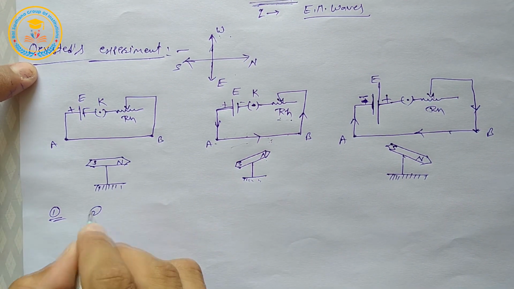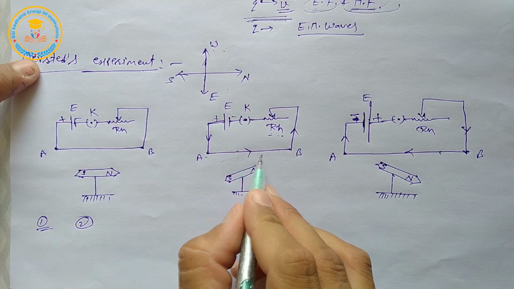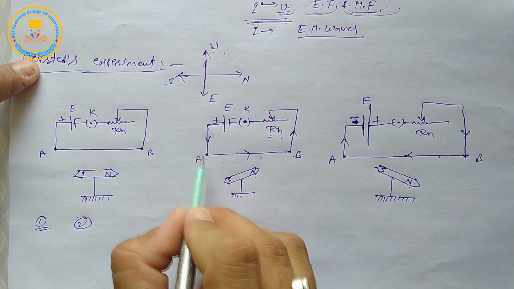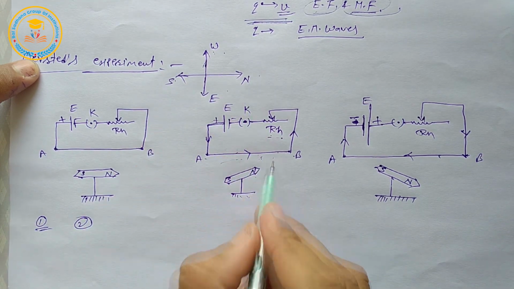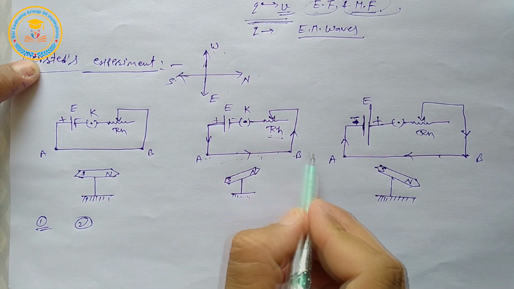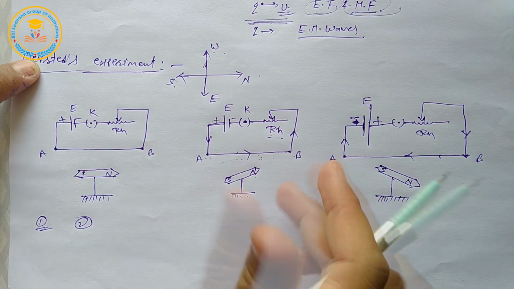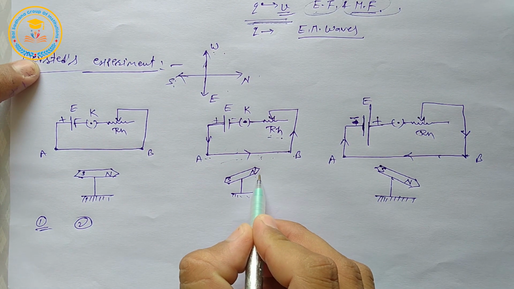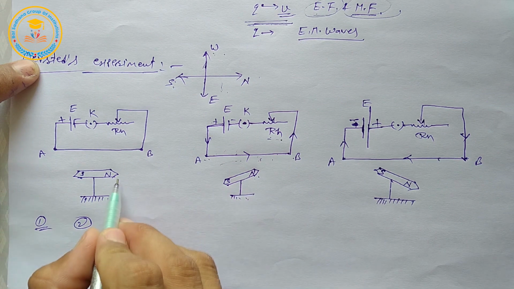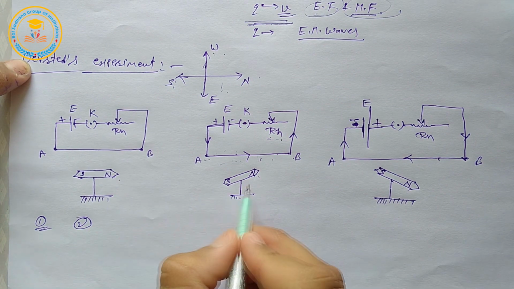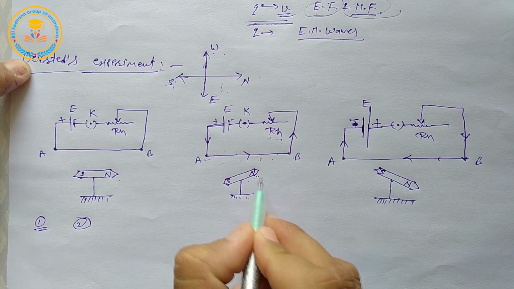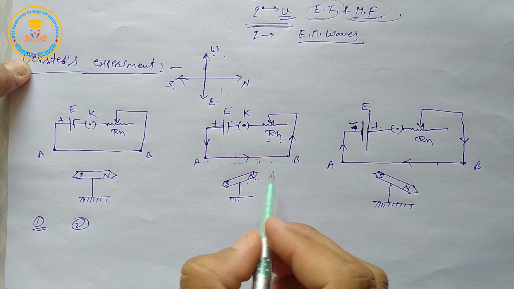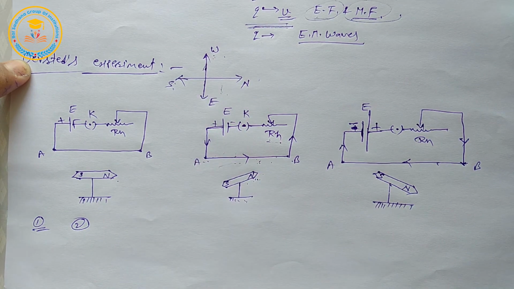Okay, second is, if the direction of current flowing in the wire AB is from south to north, you can see it from this compass, then in this condition the north pole of this needle is deflected towards the west. This is the equilibrium state of this needle, and in this situation this north pole is deflected, according to this compass, in the upper direction, it means towards the west direction.